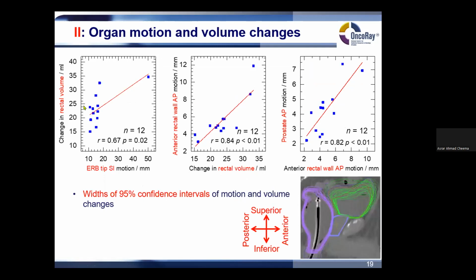Organ motion and volume changes. So endorectal balloon insertion variations were correlated with the change in rectal volume, because it has different diameters at different portions of the endorectal balloon.